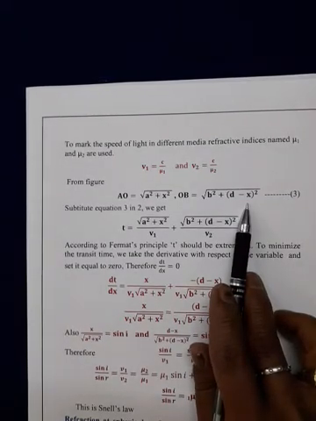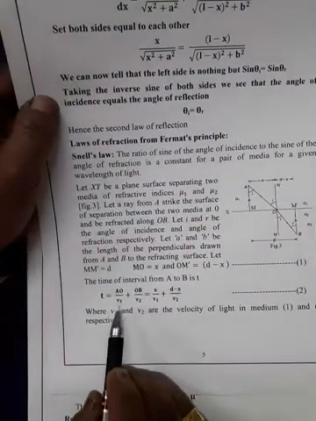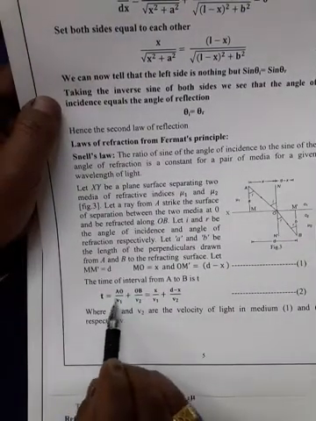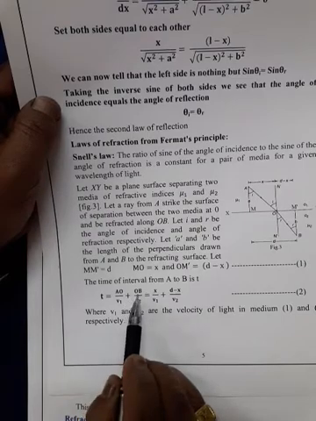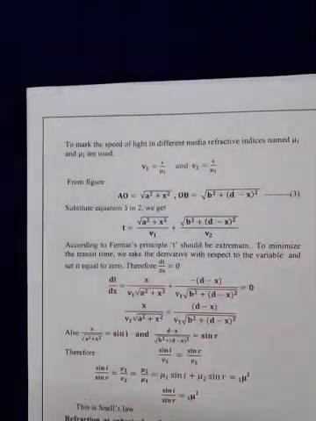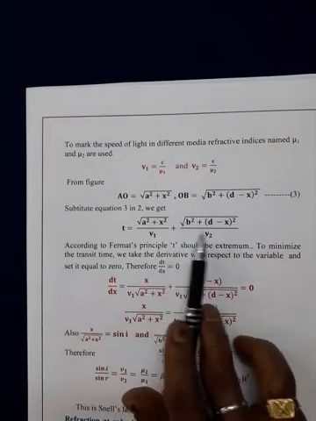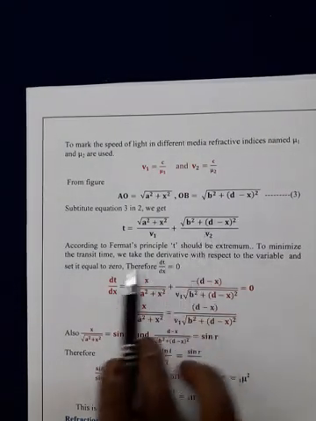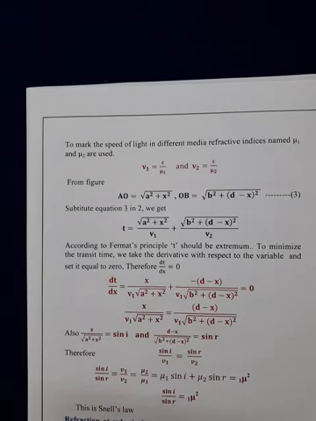Now substitute this equation in the previous equation. The time t equals AO by V1 plus OB by V2. According to Fermat's principle, t should be an extremum, that is, the time taken to travel is minimum.